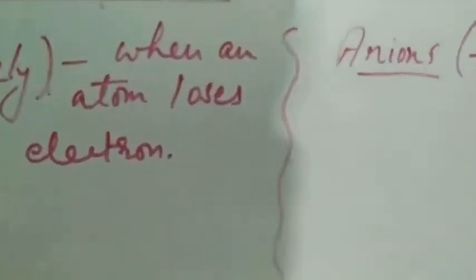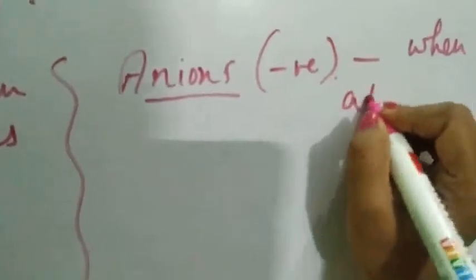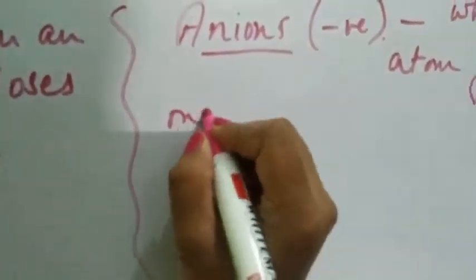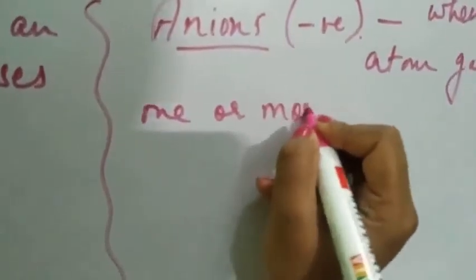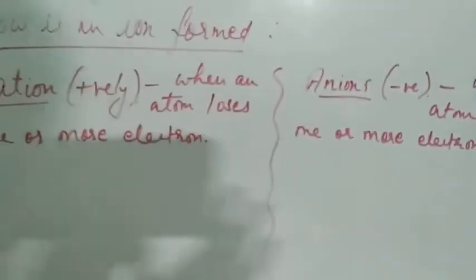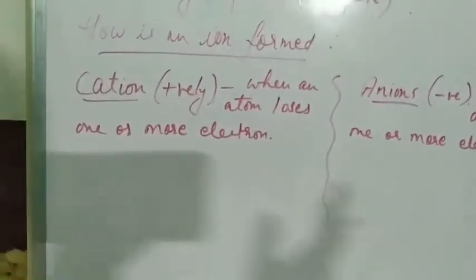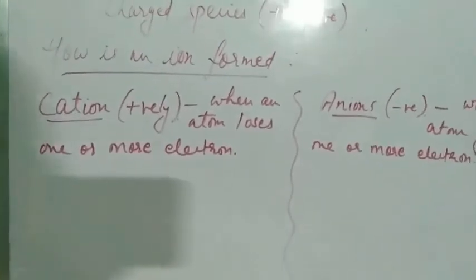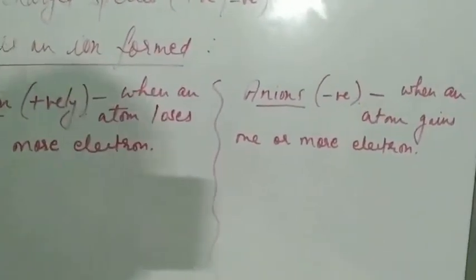When an atom gains one or more electron. Clear? When an atom loses, when one gives, it becomes positive. When one gains, it becomes negative.